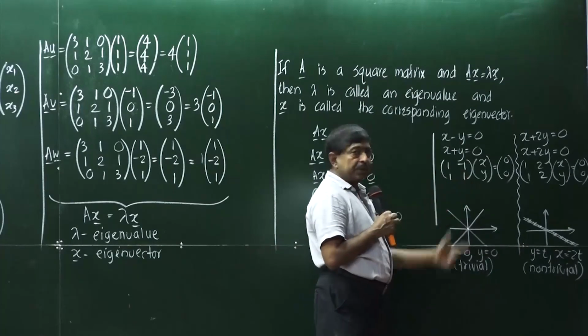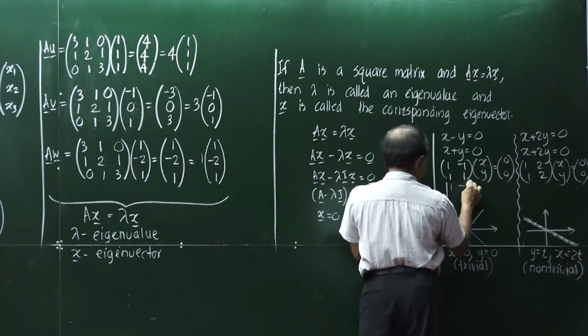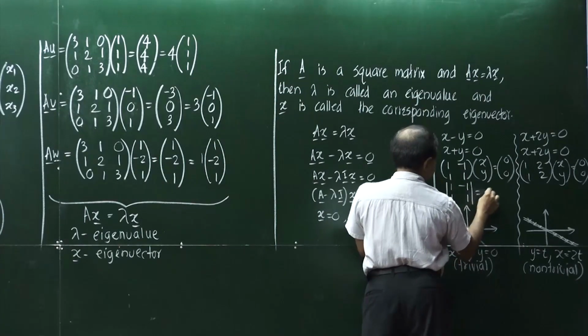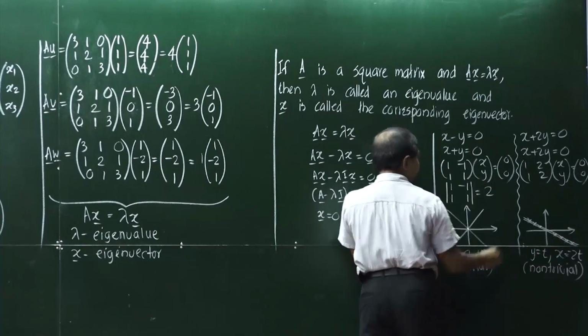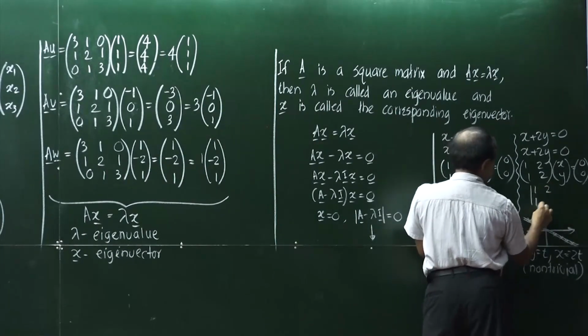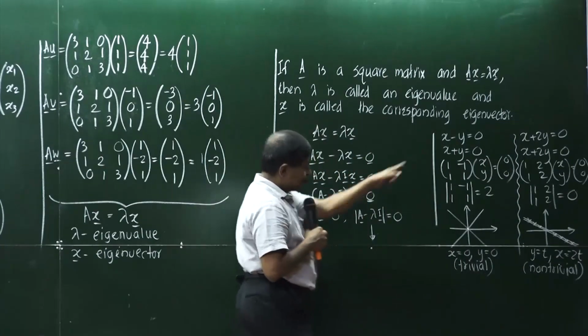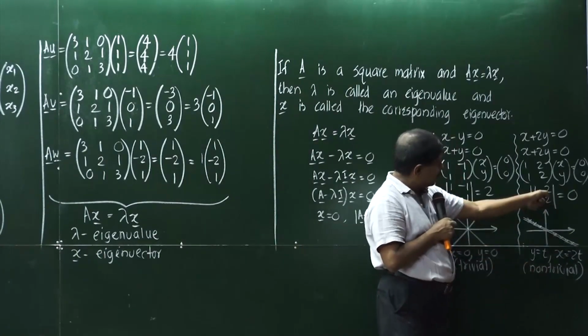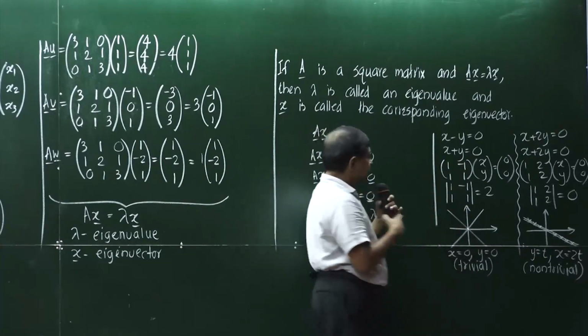If you take the determinant of this, which is 1 plus 1, 2. Here, what is the determinant? It is 0. So for non-trivial solutions, you need to have zero determinant. For trivial solutions, you need to have non-zero determinant.